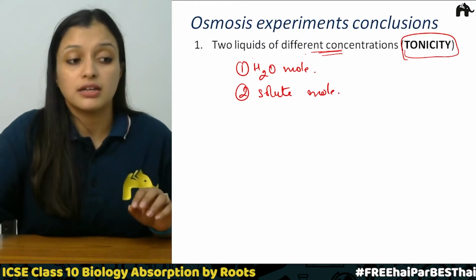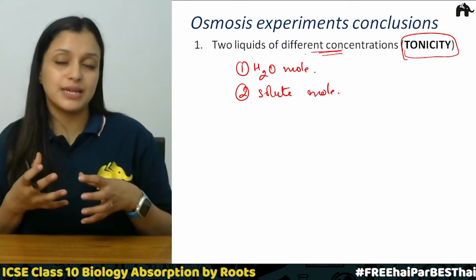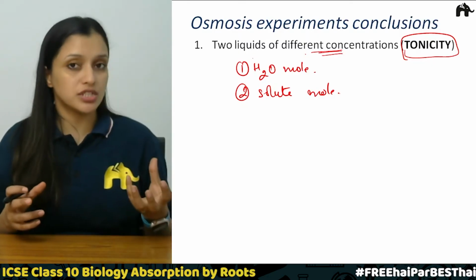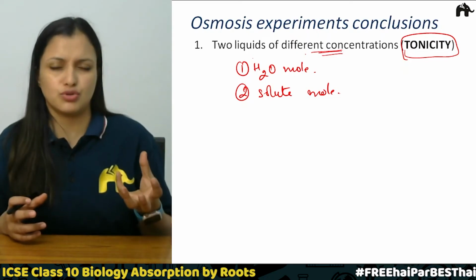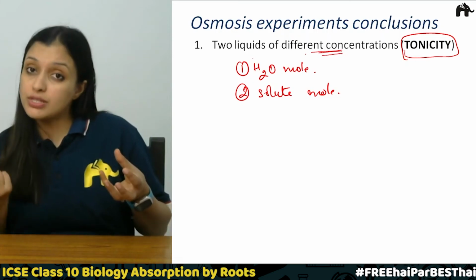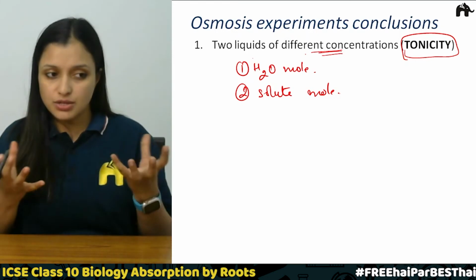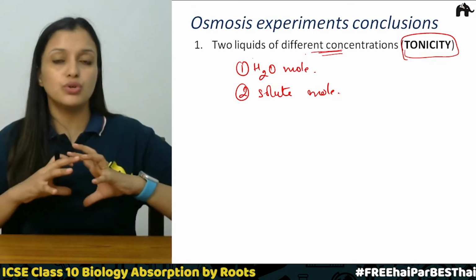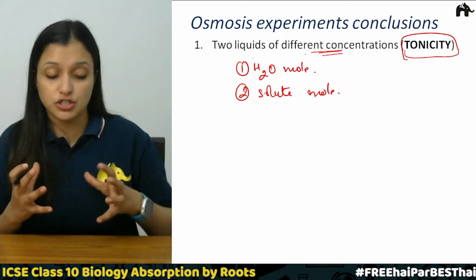In the second way, we can say that this particular liquid has more concentration of sugar, or the solute, and this particular liquid has a lower concentration of the solute particles, right? So this is how we refer to two liquids of different concentrations, right?